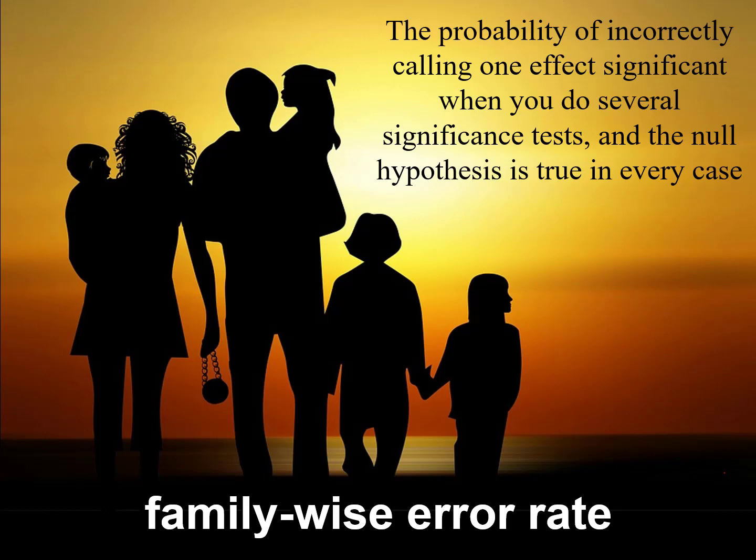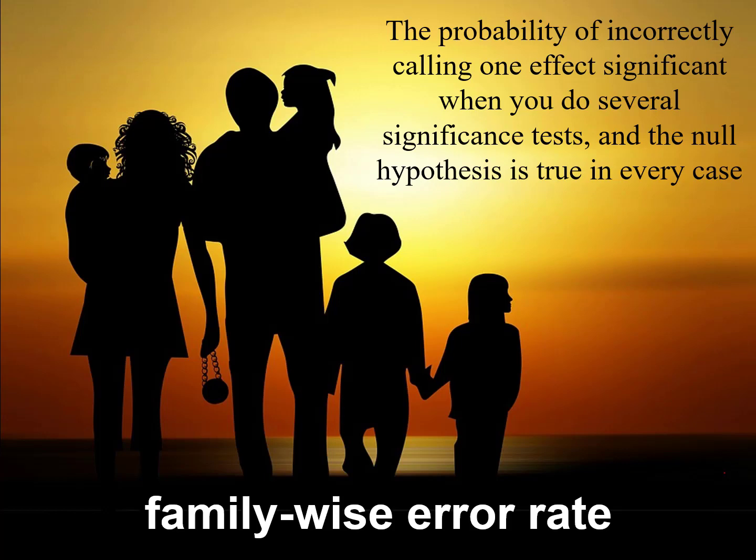So, when we do significance testing, we call results significant when the probability is less than 0.05. This means that if the null hypothesis is true, we will make the correct decision 95% of the time, and we will mistakenly call results significant only 5% of the time if the null hypothesis is true. In other words, we set the type 1 error rate at 5%.